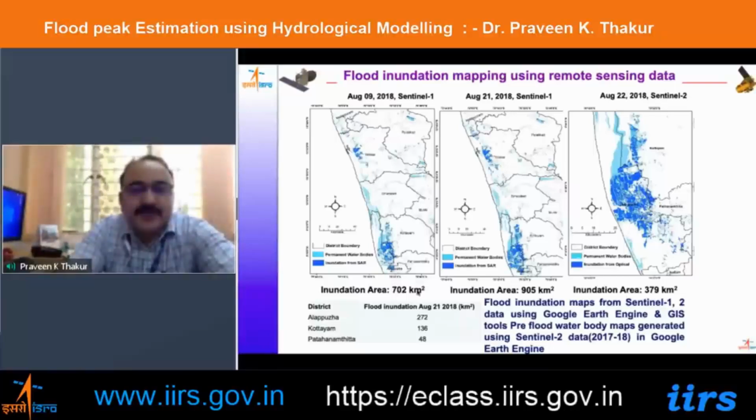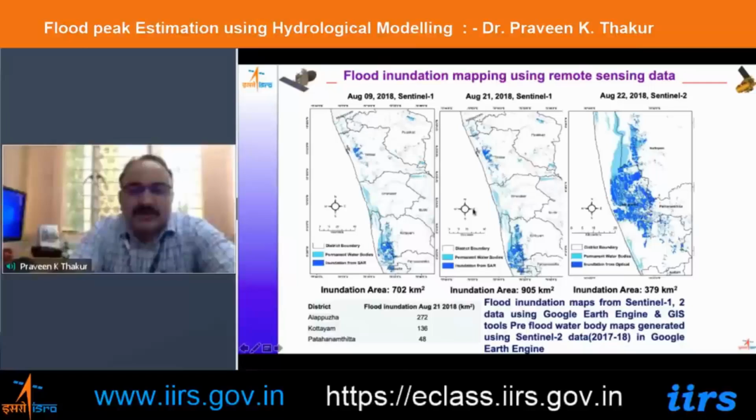So this is one example of the 2018 Kerala floods, when in the month of August there was heavy flooding in all the districts of Kerala, and many reservoirs had their gates opened for the first time since their construction.